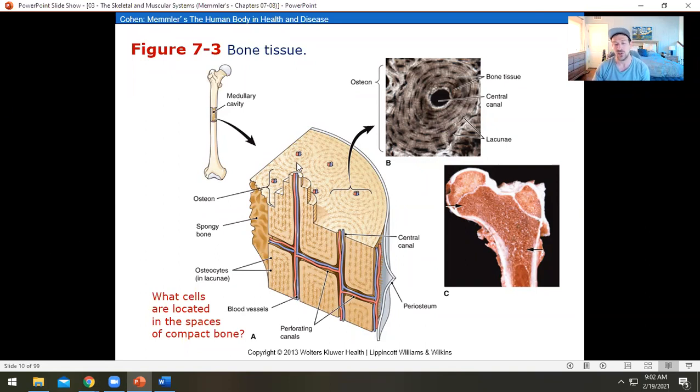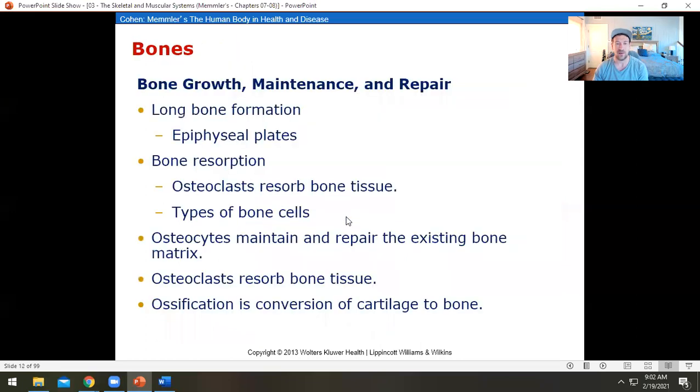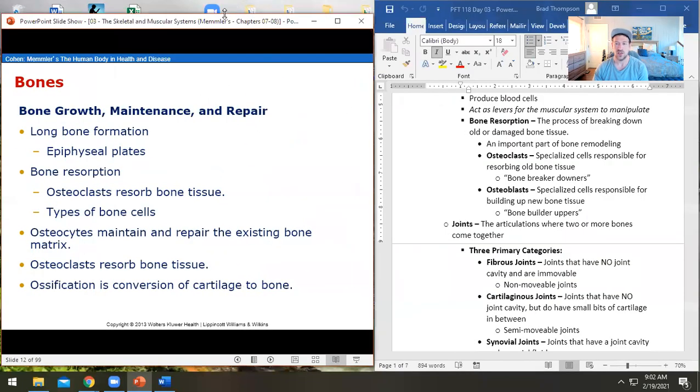And then there are also all of these blood vessels running through it. That's how, after your red blood cells or white blood cells get made, they can enter the rest of the body. And there's also blood being delivered to the bones to keep them alive. So that is what we look at when we're looking at our bone tissue.